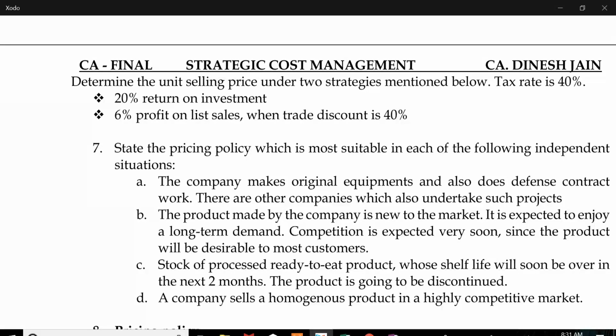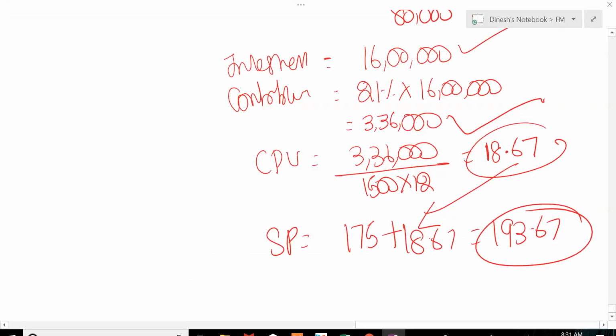Now working note 1, fixation of selling price to get 20% ROI.